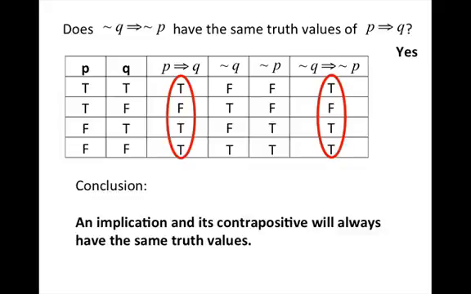We'll use this in a later section when we're dealing with logic proofs. If I know the implication is true, I can assume the contrapositive is also true. If I know the implication is false, I can assume the contrapositive is also false.